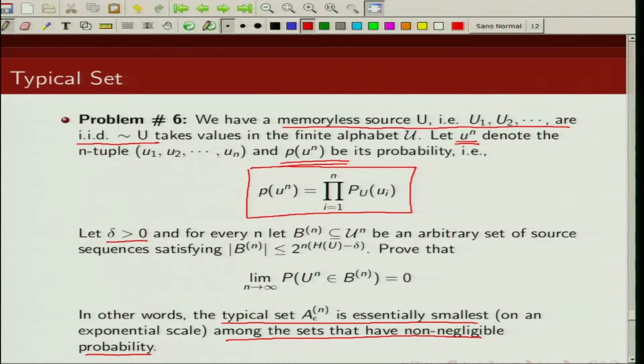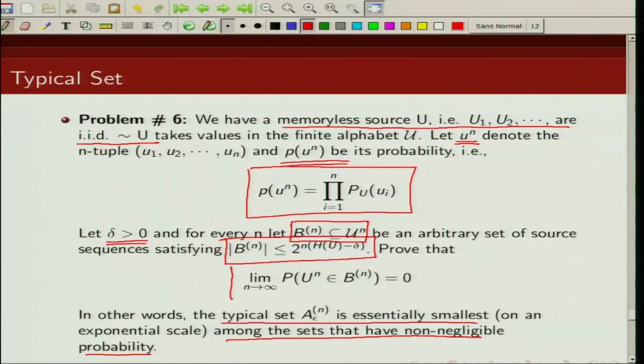Now let delta be greater than 0 and B^n be a subset of u^n where the sequence satisfies the condition that the cardinality of B^n is less than or equal to 2 raised to the power n times H(U) minus delta.